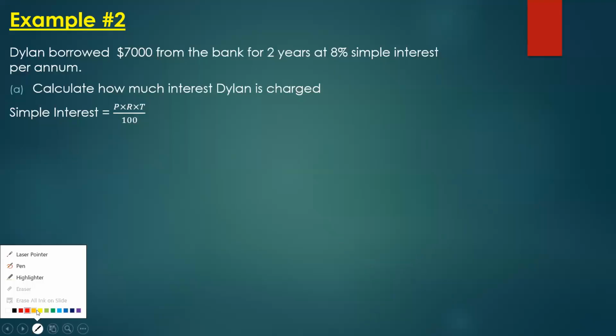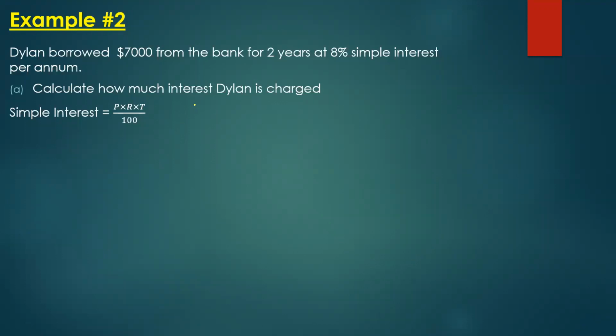Now, in this question, what is P? 7,000, because that's the amount borrowed. What is R? R is 8. That's the interest rate, right? We got that from the question.